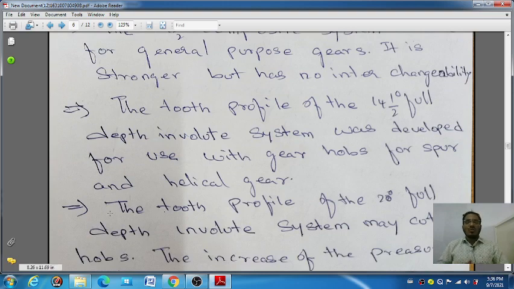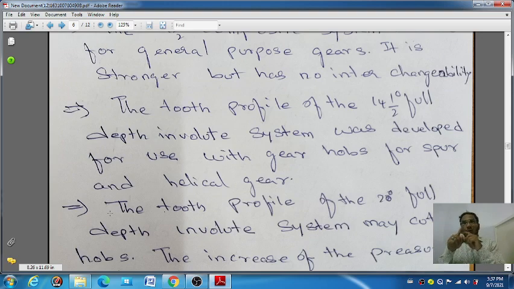Here, the 14 1/2 degree full depth involute system was developed for use with spur and helical gears.